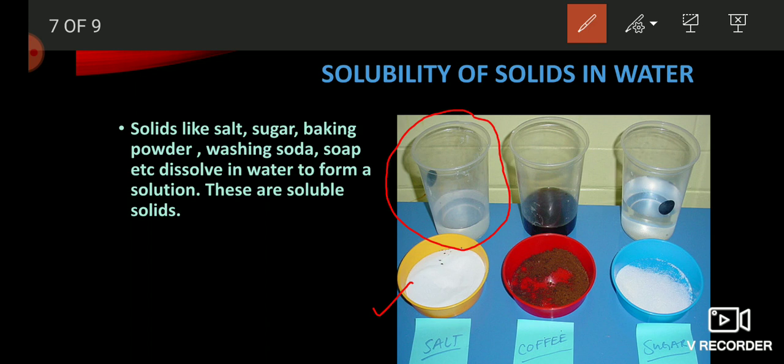Then coffee is added and we get a dark chocolate color solution. Next sugar is also dissolved in water and we get the sugar solution. So these are the solids which dissolve in water. We can also do the activity using baking soda, washing soda and soap.